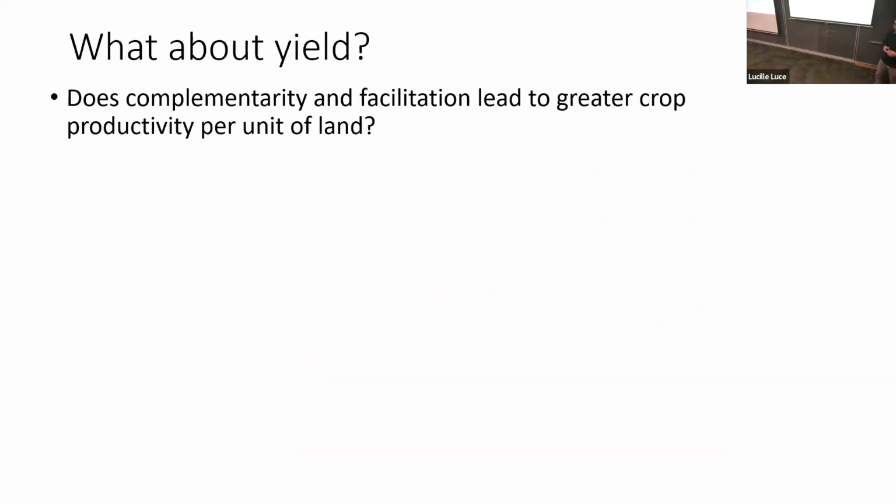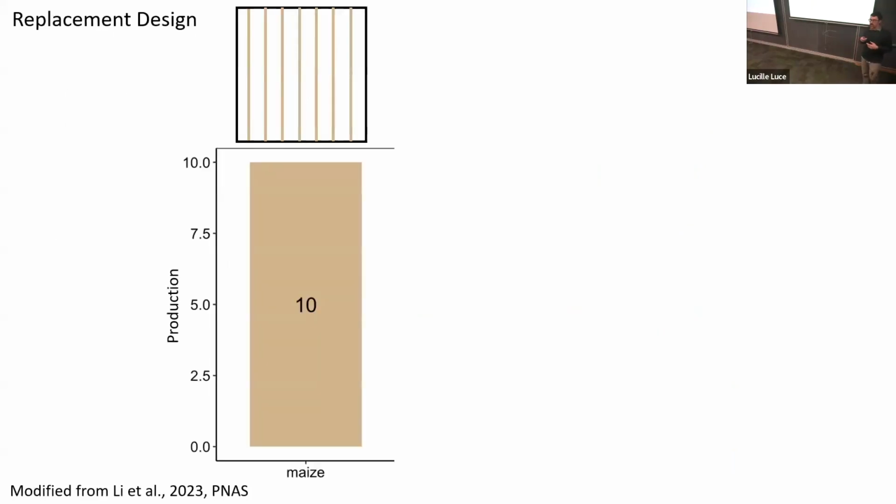So what about yield? What do we know about the opportunity to increase productivity and yield using intercrops? There are a couple of ways to present this, and we can do these intercropping experiments with different designs: a replacement design and an additive design. Let's take a look at an example of how we might calculate the yield benefit from intercropping in a replacement design.